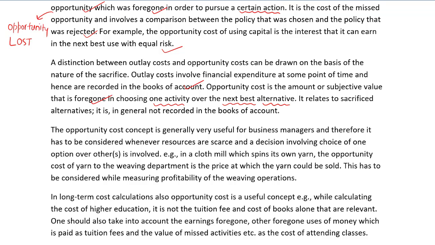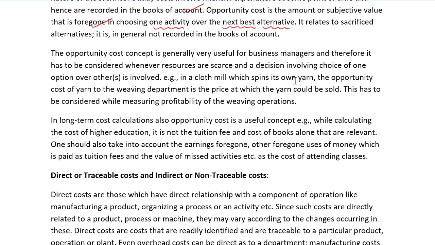It relates to sacrificed alternative. It is in general not recorded in the books of accounts, because actually we have not paid anything. But yes, because we have accepted one alternative, we have also sacrificed another.